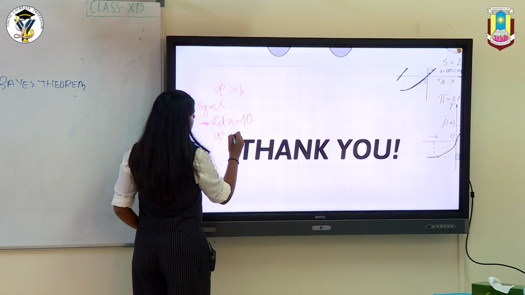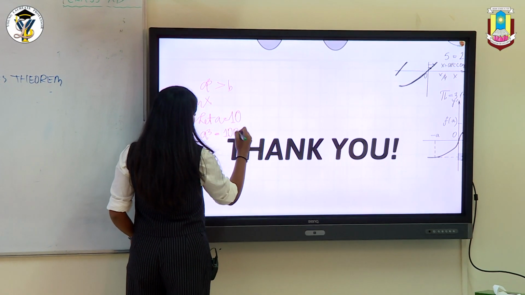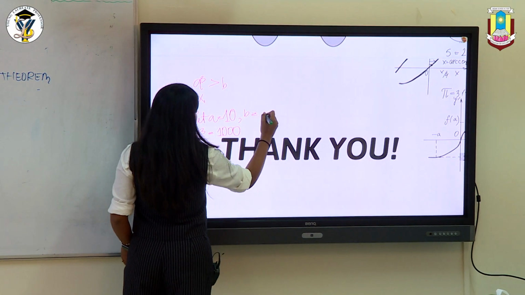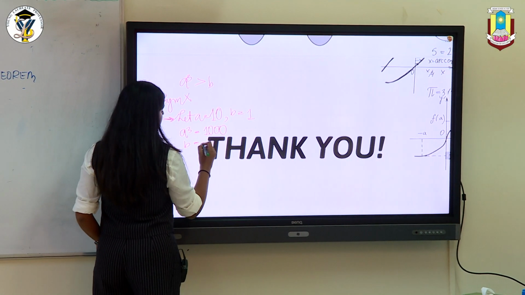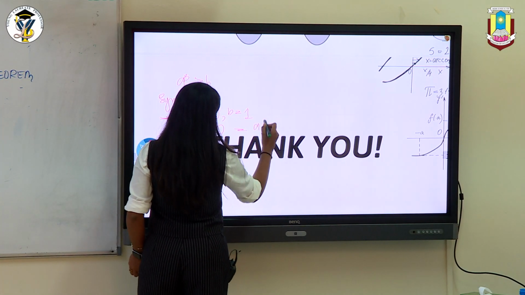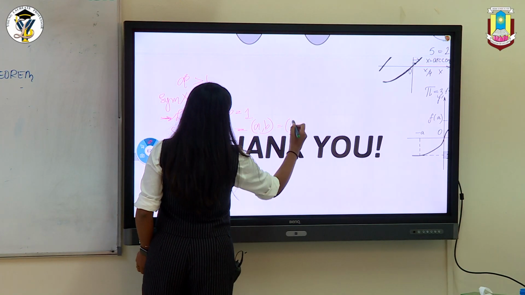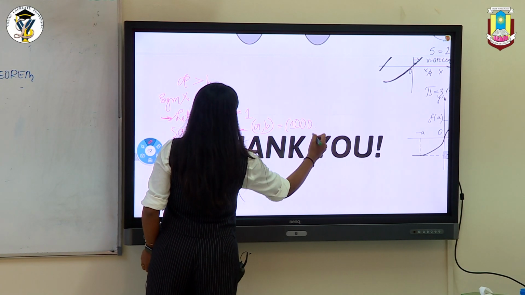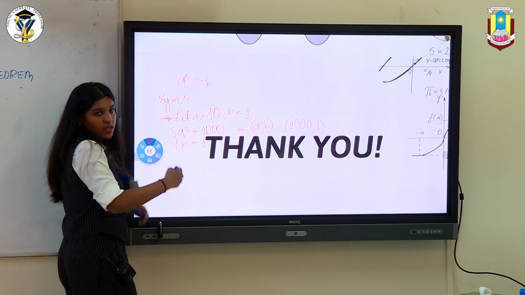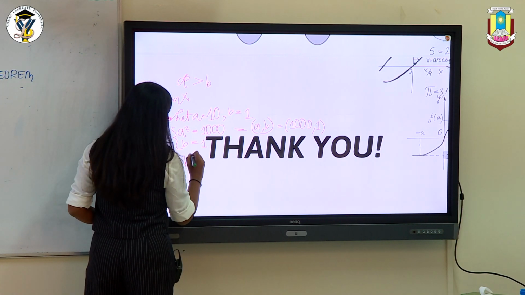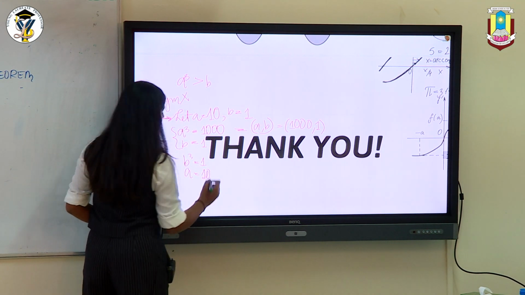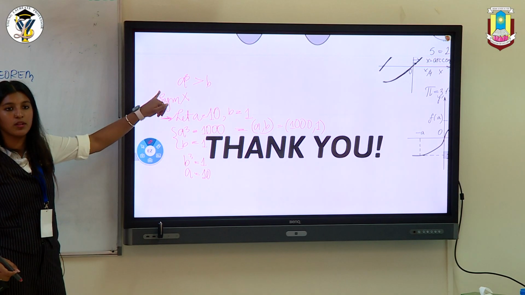Then A cube equals 1000 and B equals 1. This is one element which will give (A, B), that is 1000 greater than 1. But now to prove it is not symmetric, you have to take the reverse of this. So B cube is 1 and A is still 10. But is that applicable to this?